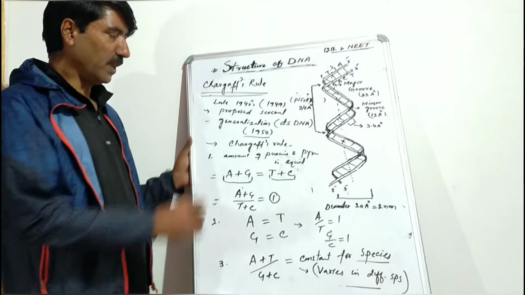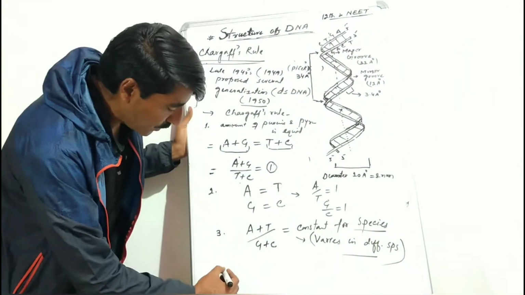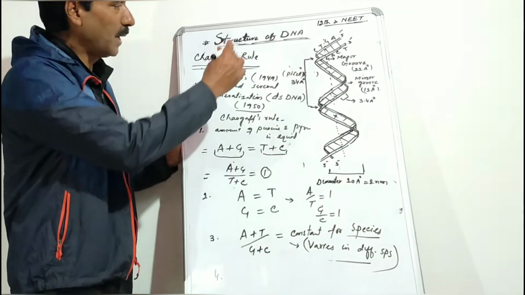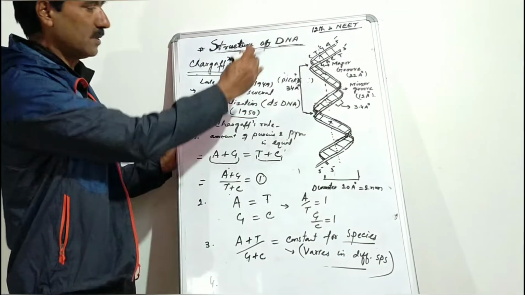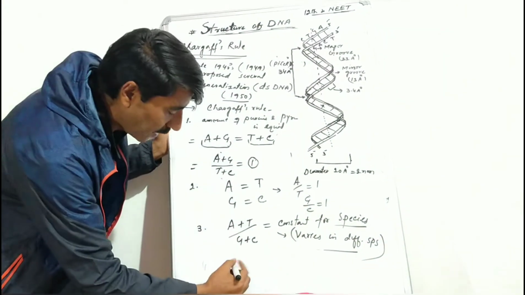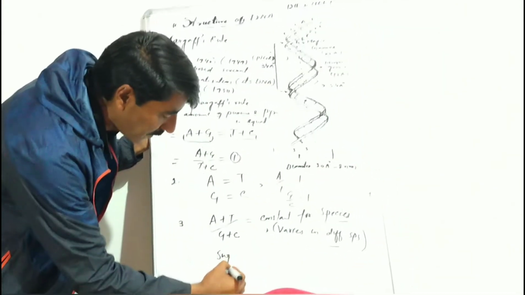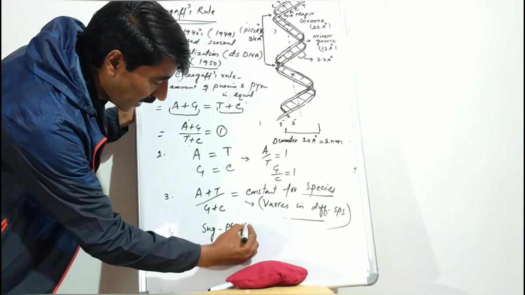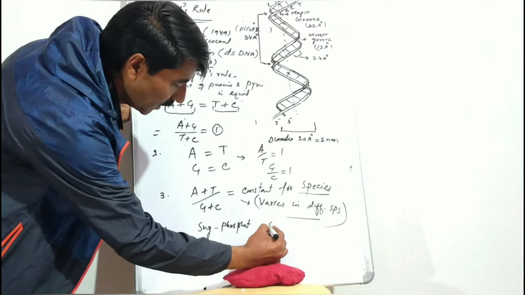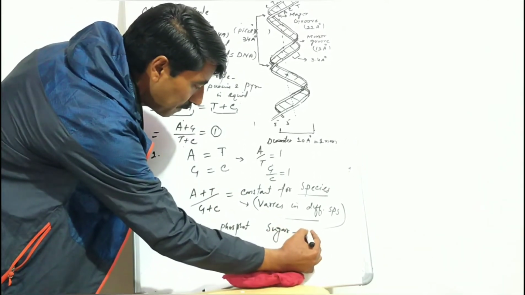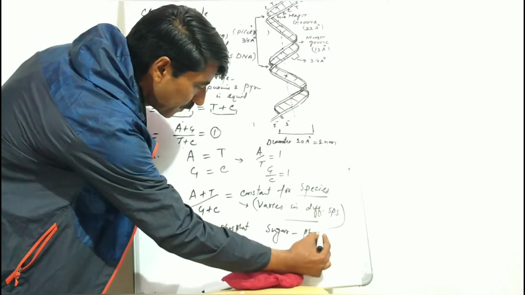Now one more we can deduce from this, and one more generalization would be taken here, that is the backbone of these polynucleotide chains is formed of sugar and phosphate residues, and it has been found that the number of sugar residues is always equal to the number of phosphate residues.